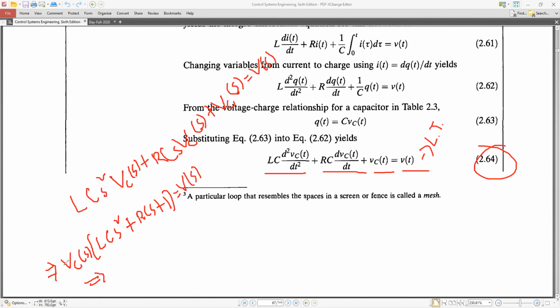Now we know the transfer function is output by input. So output VC(s) divided by input V(s) gives 1 over (LC s squared plus RC s plus 1). That is our final result.